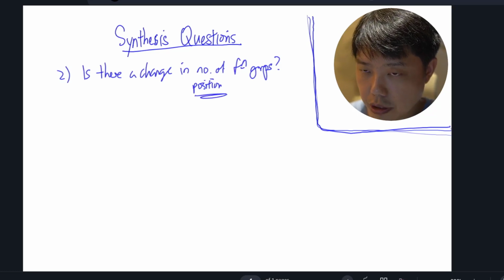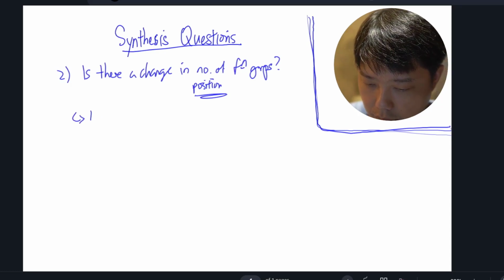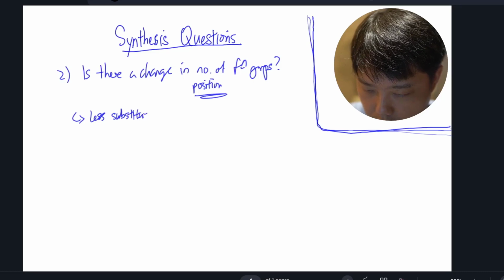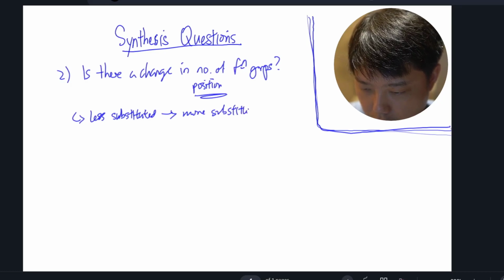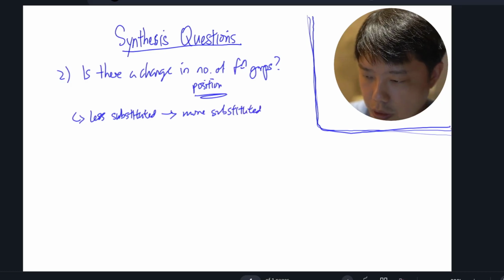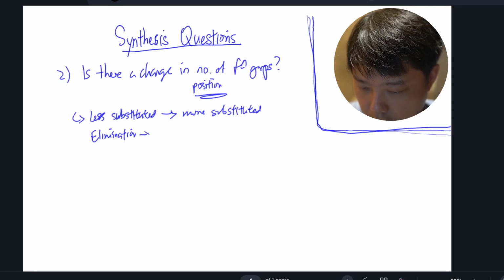So if the position of the functional group goes from a less substituted to a more substituted position, then we have to think about using elimination. Use elimination to get your alkenes.